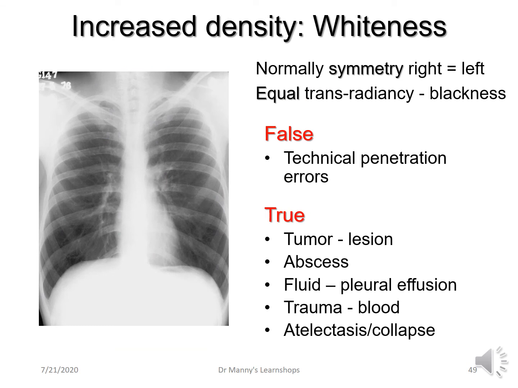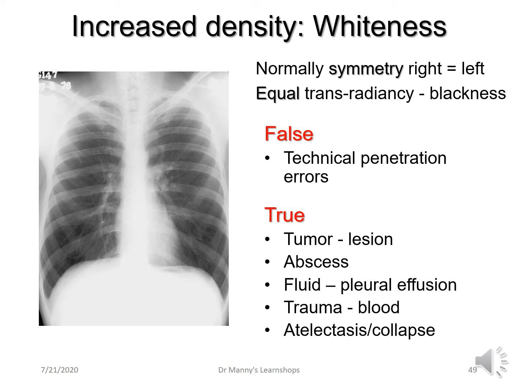Then we can have what is called increased density. We said too white. For some reason it's too white. Normally in the lungs you've got symmetry. Symmetry means basically the same. You've got equal radiolucency or blackness on the right side and on the left side. So typically this may be false because of over-penetration or under-penetration.